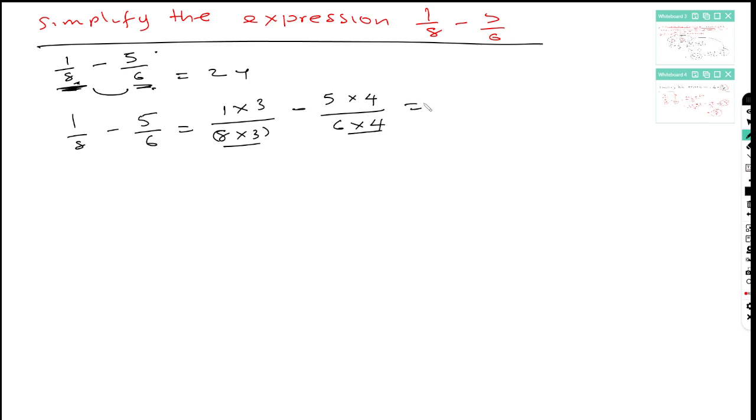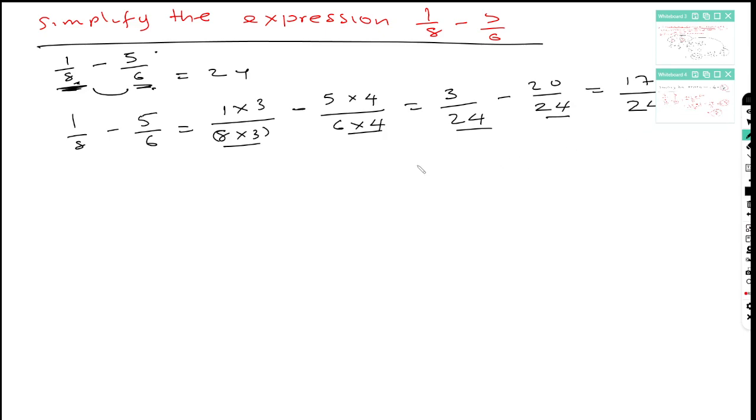That means this will be 3 over 24 minus 20 over 24, because we need the denominator to be the same. That means 3 minus 20 is negative 17 over 24.